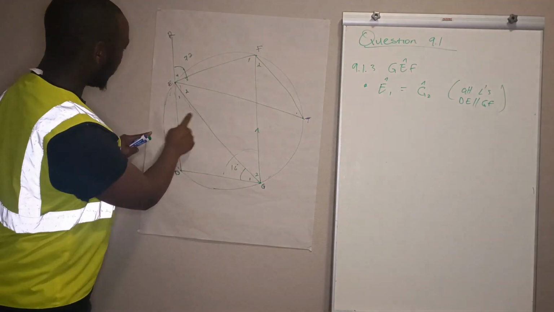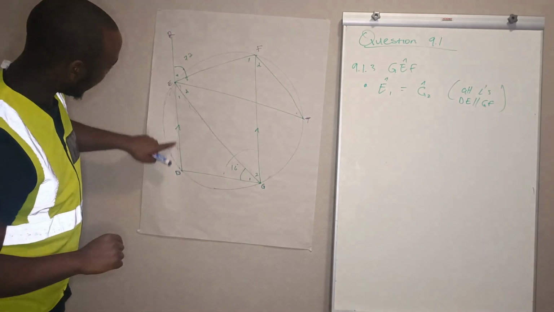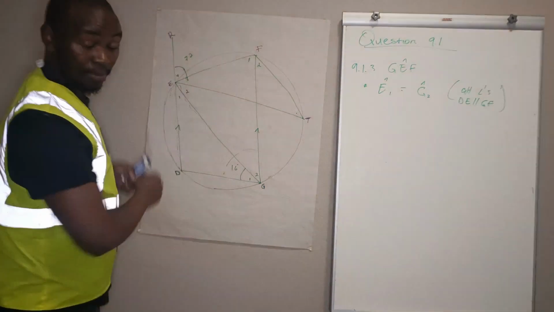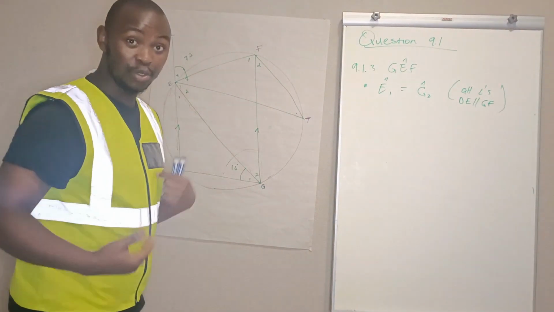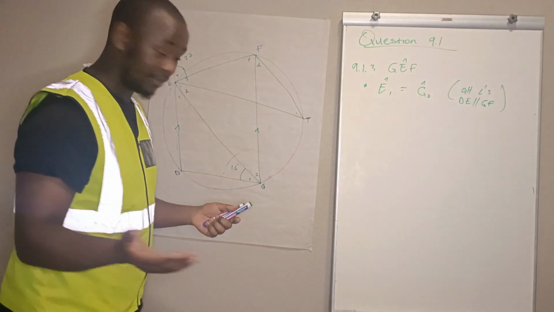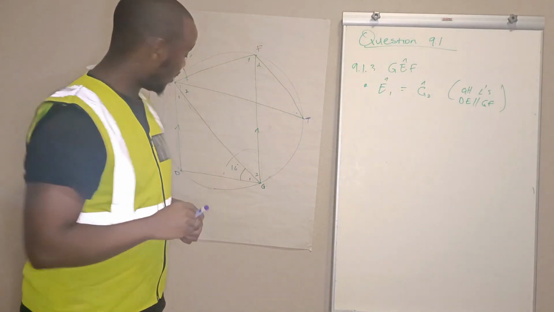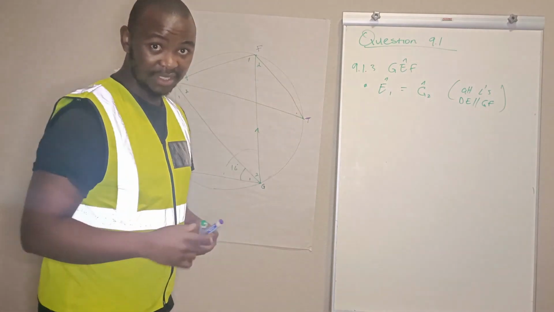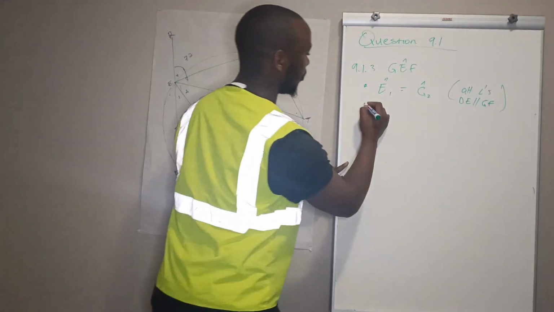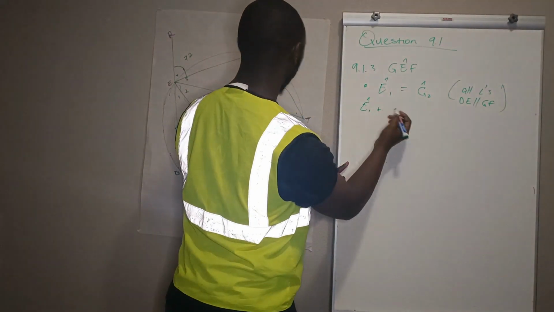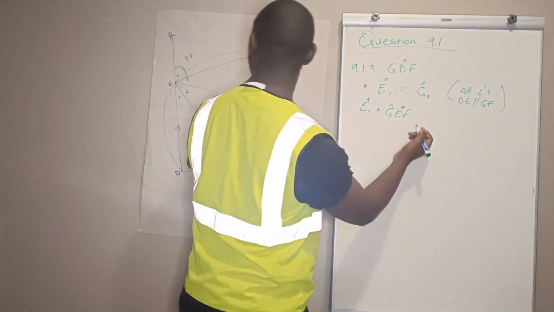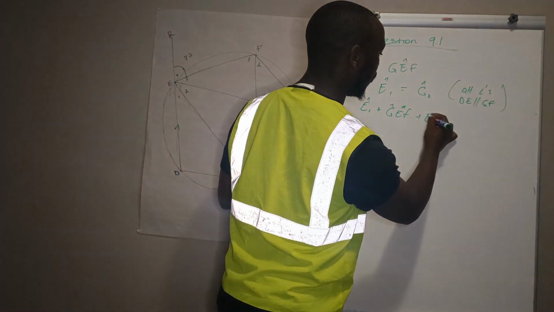Another one is that there is this straight line that we're told about, DER. So the angles in here should sum up to 180 degrees. So it's up to you to choose which path is the easiest. I'm very much a simple man, so I look at a straight line, I see simplicity. So if we look at the straight line DER, we have angle E1 plus the angle we're looking for, GEF, and then we have E4.